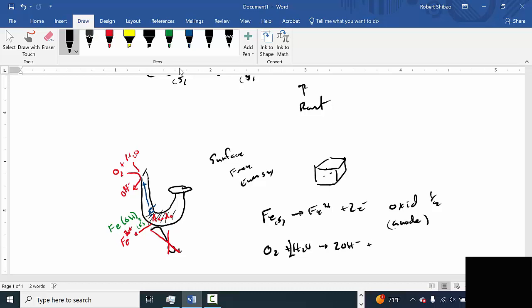I guess I could get rid of one of those. I'll need to balance this. Rather than going 2, I should have probably just went 1/2, but I'll make 4 hydroxides here instead. And that should be all right.